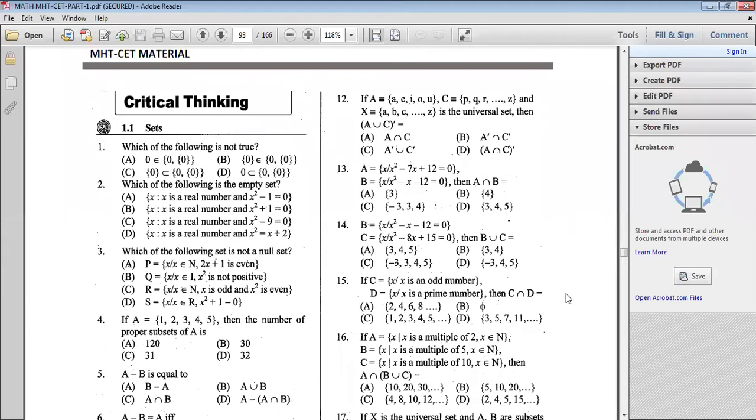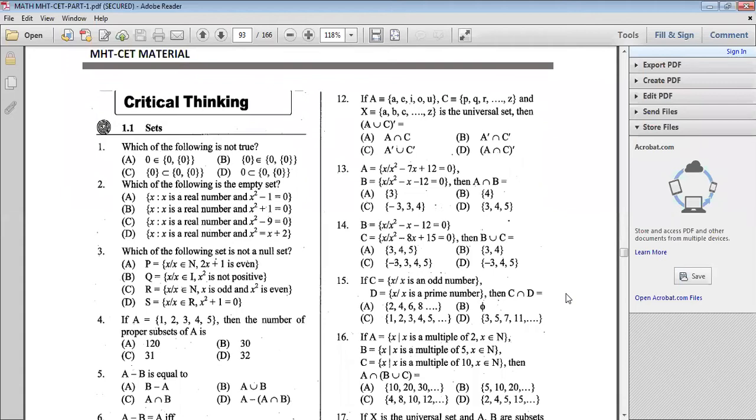Now look at the third problem. Which of the following sets is not a null set? Observe the first option: P is equal to x, where 2x plus 1 is even. Is it correct? 2x plus 1, what does it represent?